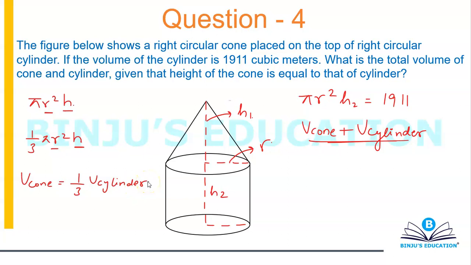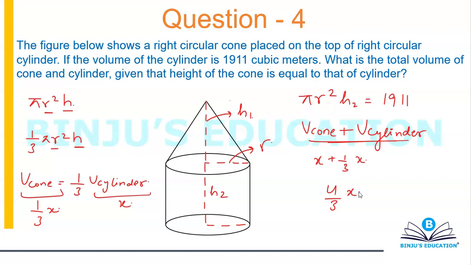So if I take the volume of cylinder to be x, then volume of cone will simply be 1 by 3x. So volume of cone plus cylinder will be x plus 1 by 3x, which will automatically be 4 by 3x by taking the LCM.